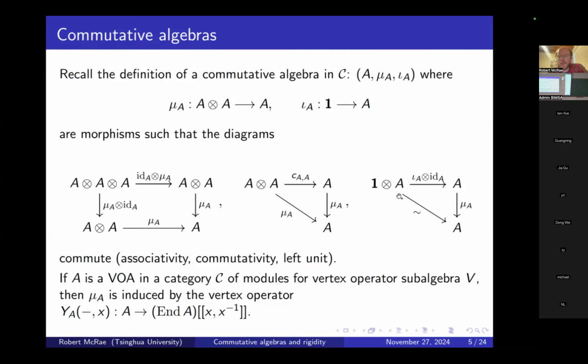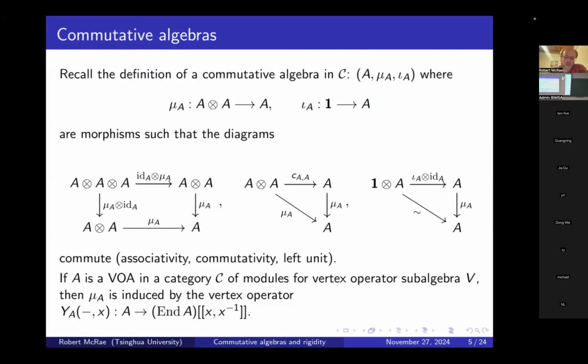There's also a left unit property, and because we have commutativity, there's also a right unit property of this multiplication. And I'll just quickly mention that in this VOA context that I'm interested in, this multiplication morphism is induced by this vertex operator, which is essentially the main part of the data for this VOA structure on this algebra A.